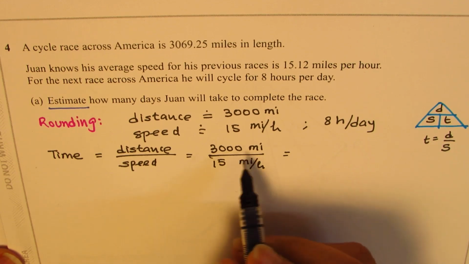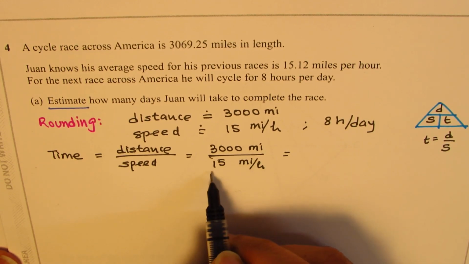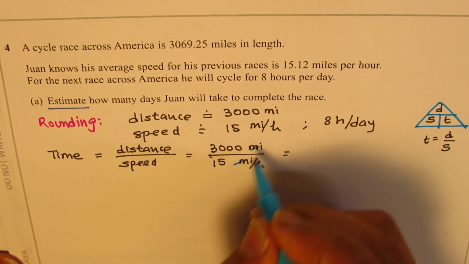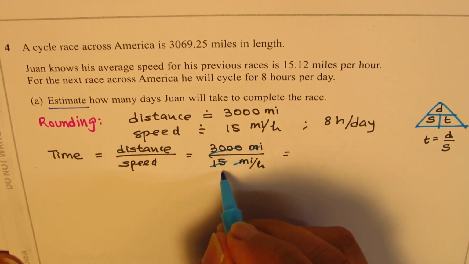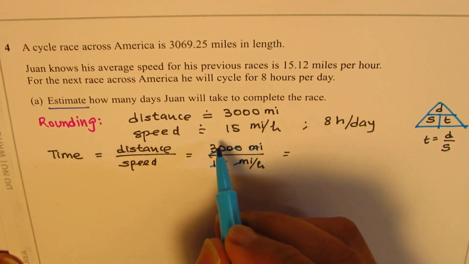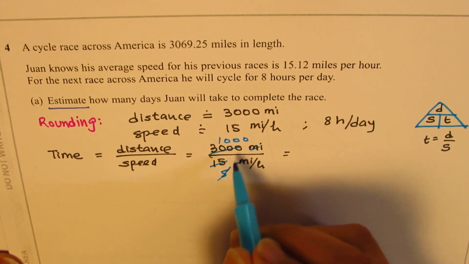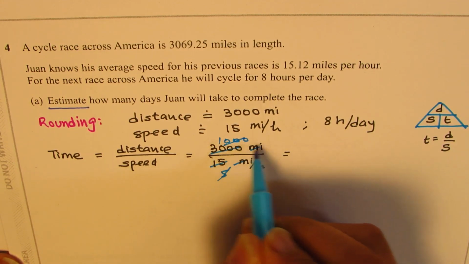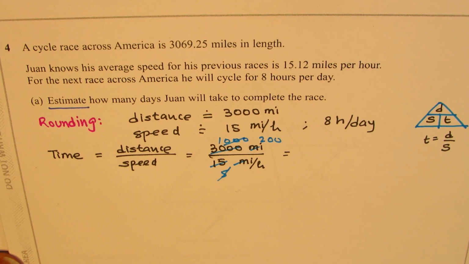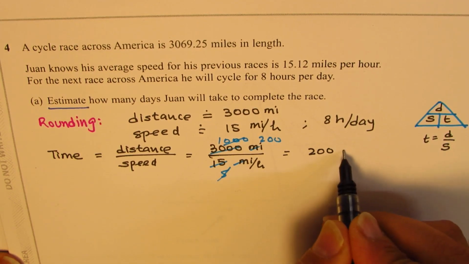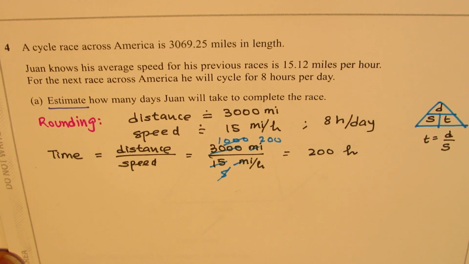So miles and miles cancel, and we can divide both by 5. Let's divide first by 3. So we get 5 here, and this is 1000, correct? And now we can divide by 5, so we get 200. So this could be written as 200 hours.